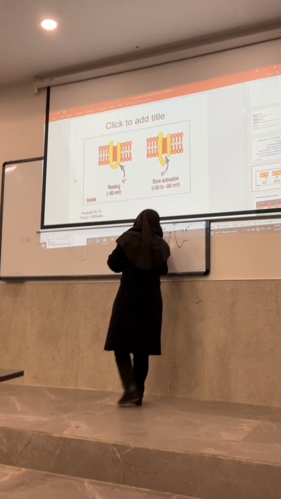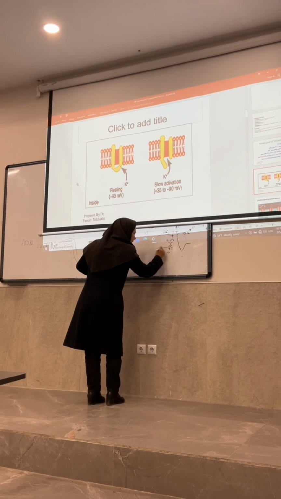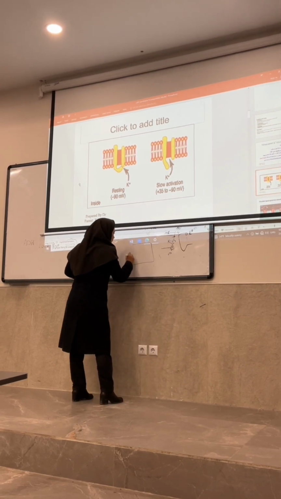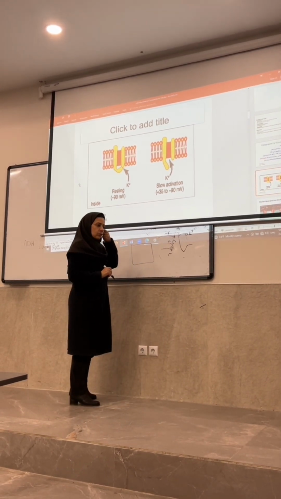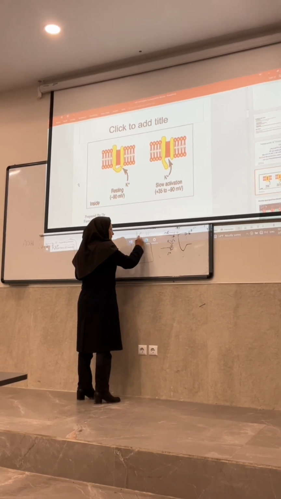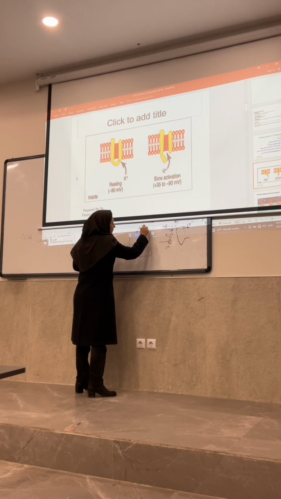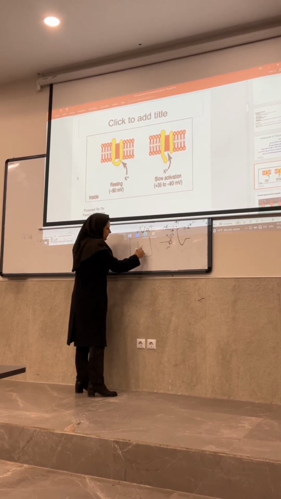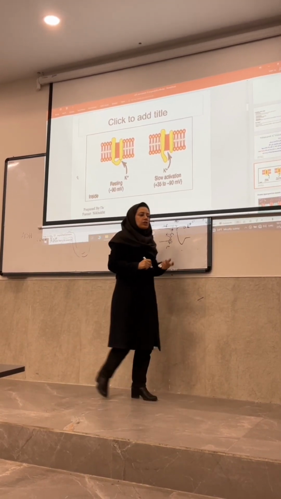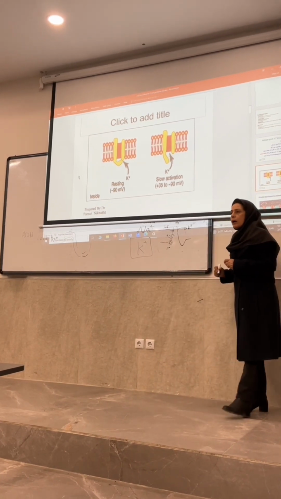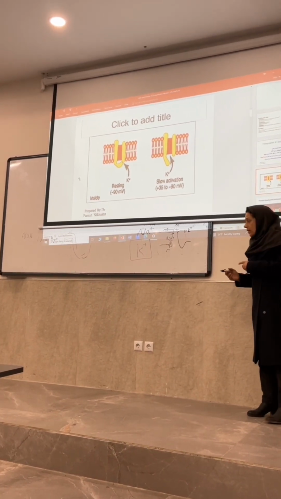We are at rest, before a stimulus. This is the cell. Which ion is normally high outside? Sodium. And which ion is high inside? Potassium. This is the normal shape of ions inside and outside at rest.